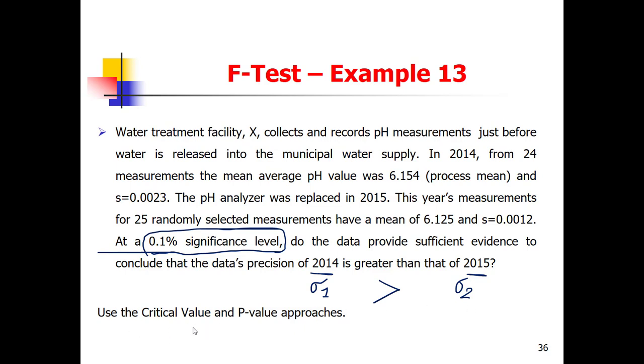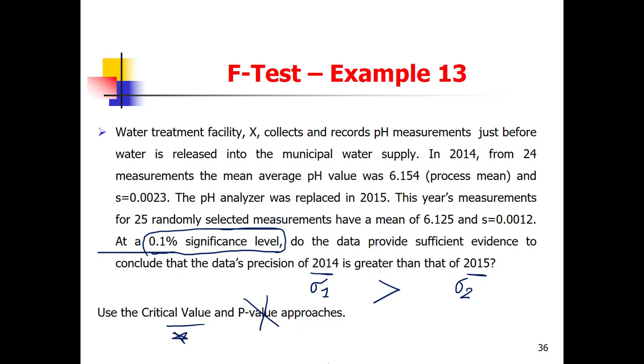So use the critical value and p-value. I'm not going to talk about p-value because we already talked about it. Using the critical value test, t-test or f-test, like the example that I already showed, is more important, even in terms of exam. This p-value approach, I'm not going to answer about.